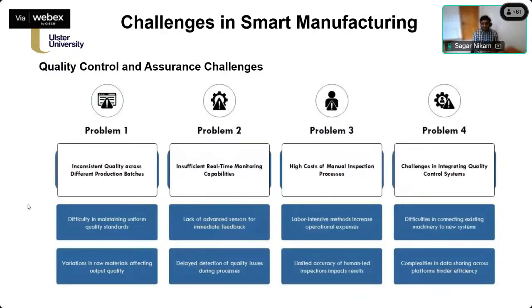Whenever we use manual inspection, obviously it's going to be labor intensive, and when labor intensity is higher, it leads to increased operational cost, and that causes the high cost of manual inspection. Problem four is the challenge in integrating the quality control system.